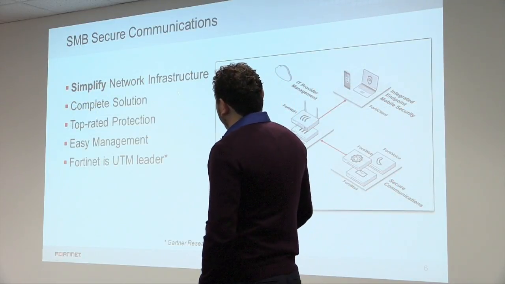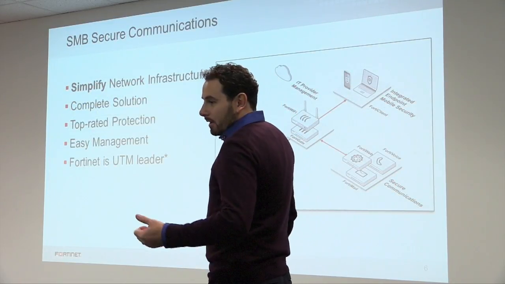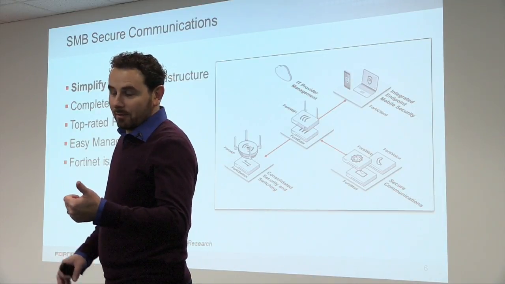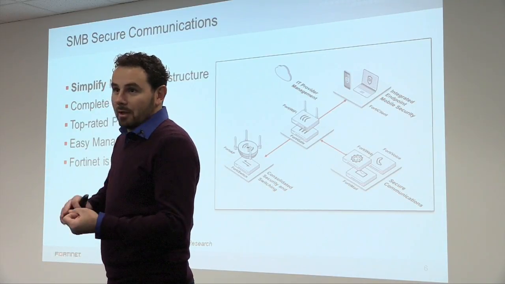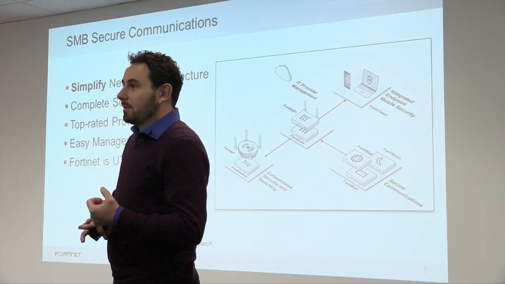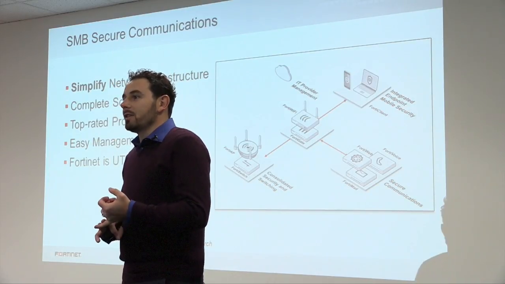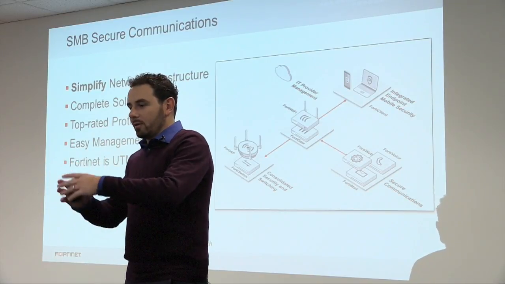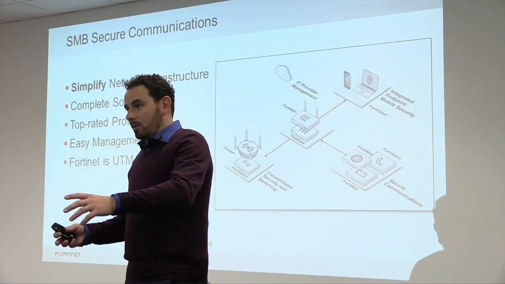So looking at the SMB in more detail, what are the objectives there? Simplify the solution, right? Have a trusted vendor. It makes things a lot easier. So you, as a trusted vendor, can offer the solution that is already complete.